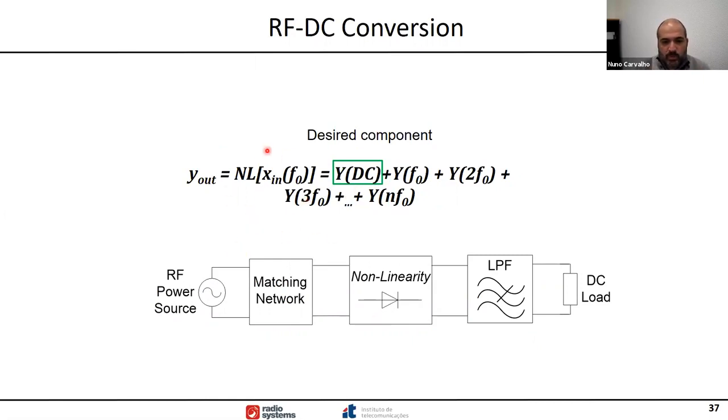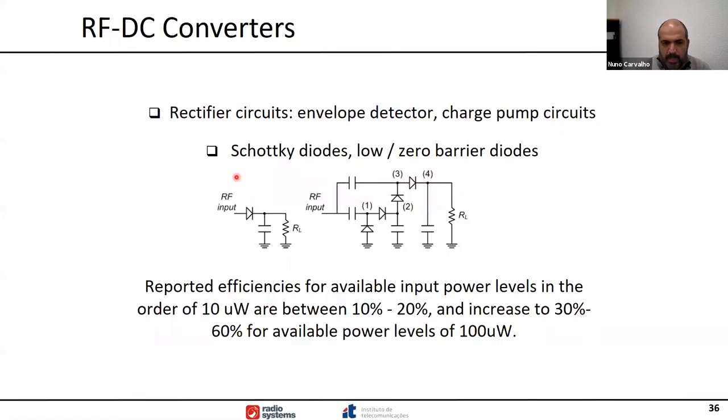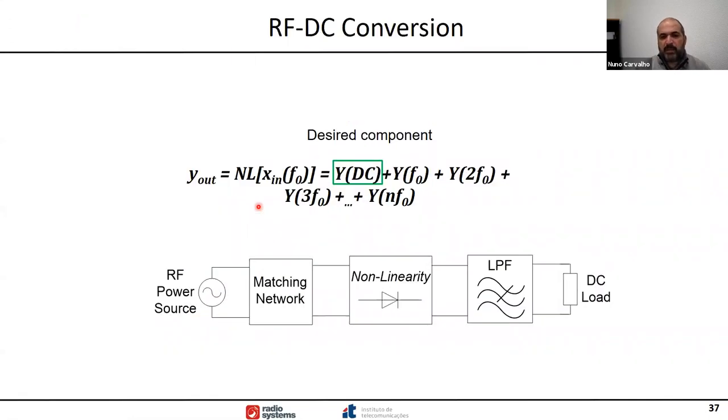By the way, if you explore these diodes instead of using the traditional diode model, you'll see that the output of your diode will be a DC component, a component at the input frequency, second harmonic, third harmonic, and so on, because it's a highly nonlinear device.